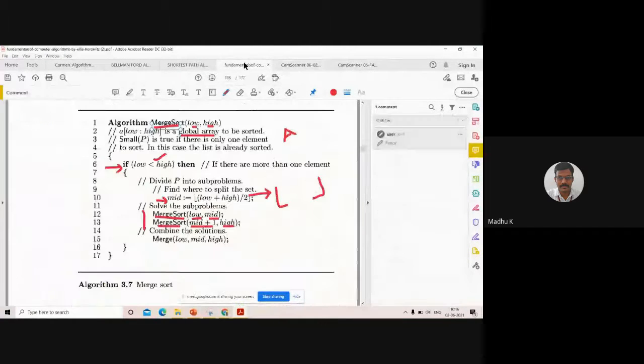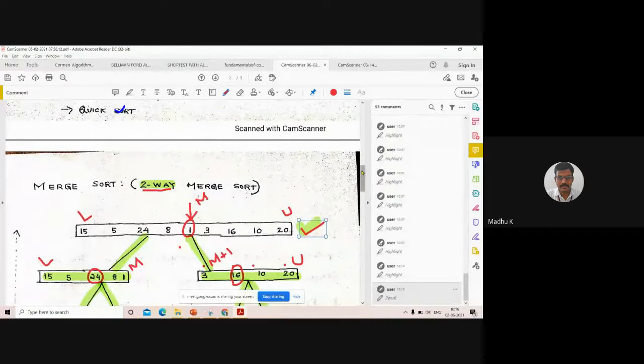Similarly, the second call is merge sort of mid plus 1 to high. So there are two division calls. In this way, this is a recursive call and it will be repeated, dividing the problem into subproblems.